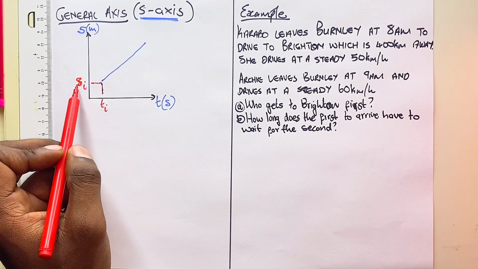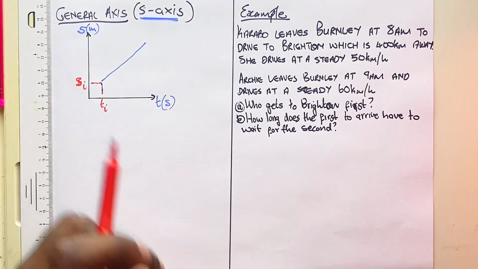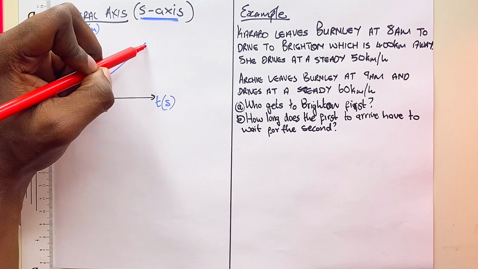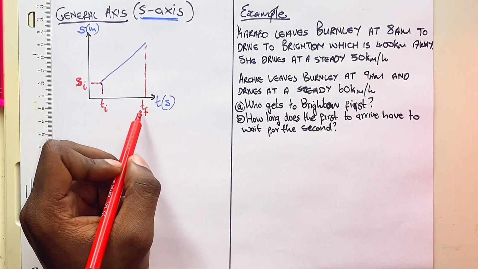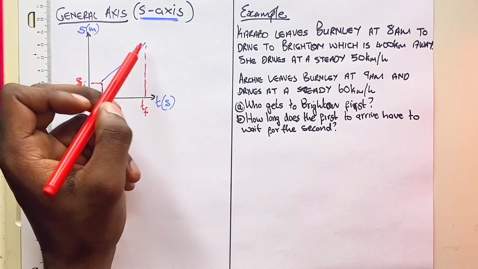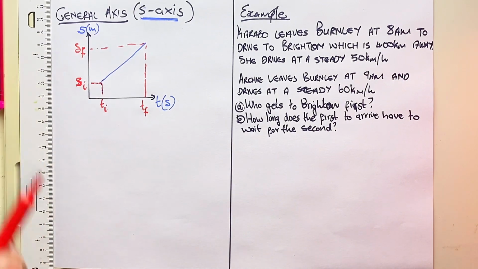I'm denoting position as S because we are dealing with the general axis, the S axis. After a certain amount of time, you will have a final time, and we'll find out how long it took you to move there, and then we'll have your final position.